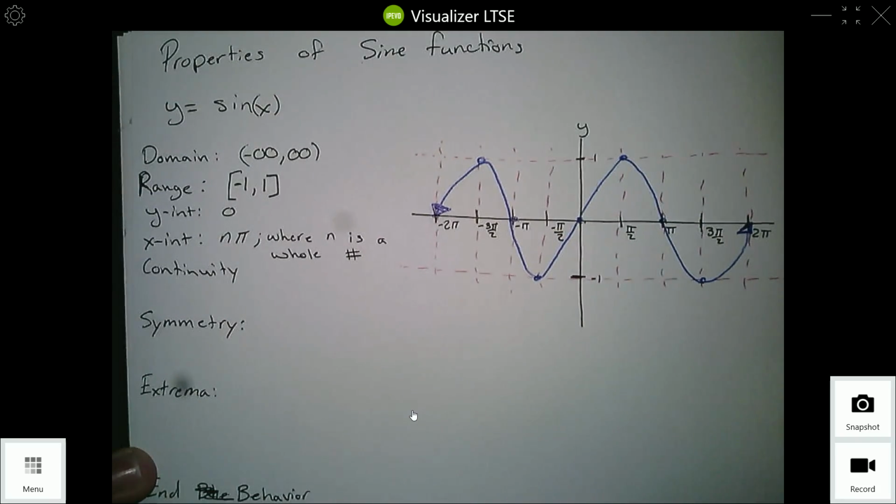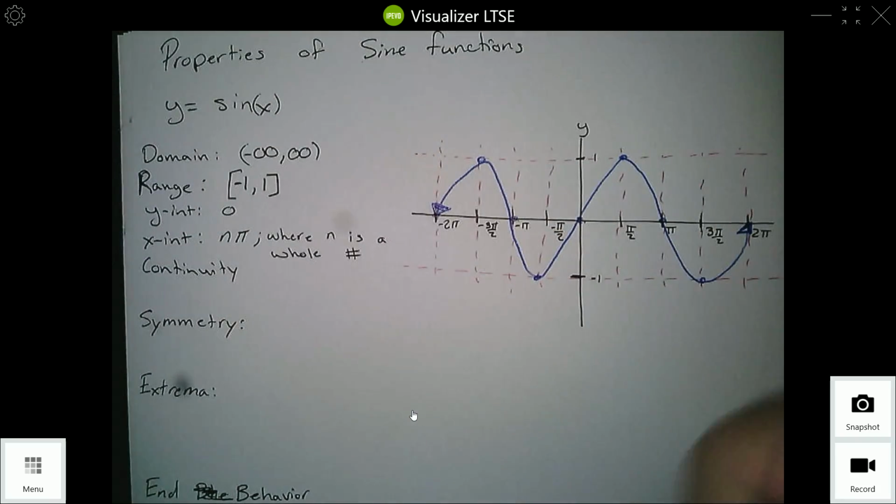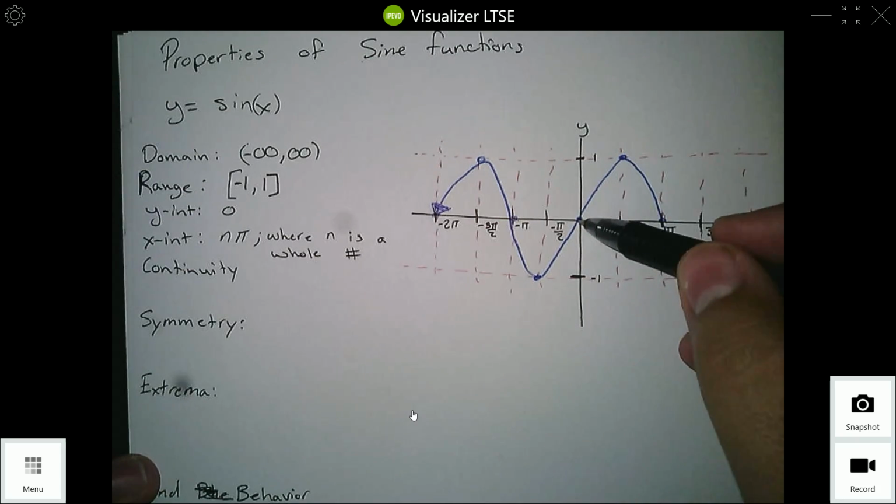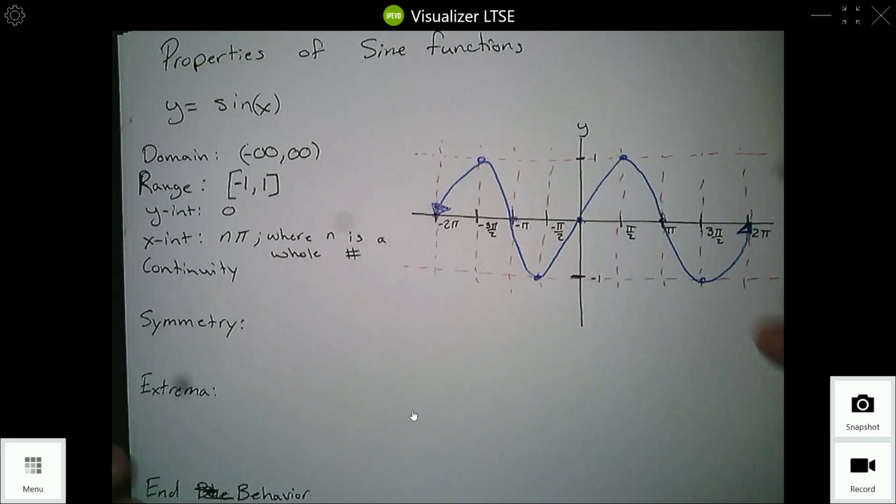What that's essentially saying is n can be 0, 1, 2, 3, 4, 5, 6, going on to infinity, and n can also be negative 1, negative 2, negative 3. So if you were to plug one of those values in, it would account for 0, pi, 2 pi, and so forth. It would account for everything essentially. All those values it would account for.